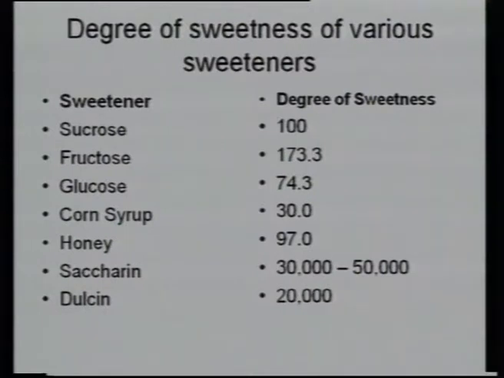Fructose is 173, glucose is 74, corn syrup is 30, honey is 97. You are aware that in the market artificial sweeteners are available, known as saccharin, whose sweetness is very high. So these are the sweetness levels of the different types of sugars.